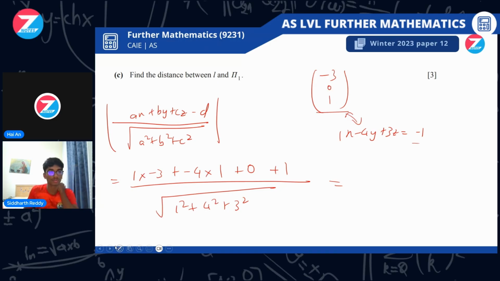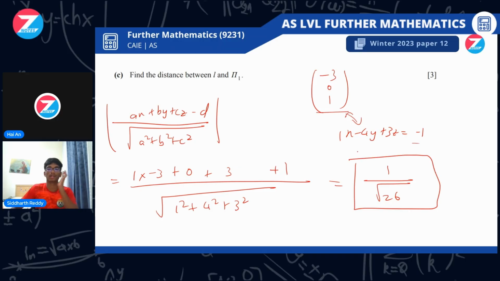So it's going to be 1 into minus 3, minus 4 into 0 is going to be 0, plus 3 into 1 is going to be 3. So this is going to be minus 3 plus 3 is going to be 0. 0 plus 1 is 1. So 1 by root 26. So that's the answer. That's the distance between L and pi 1.